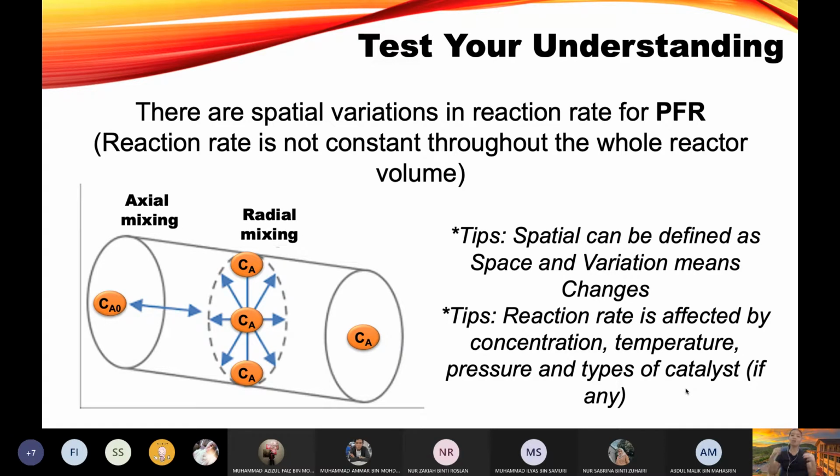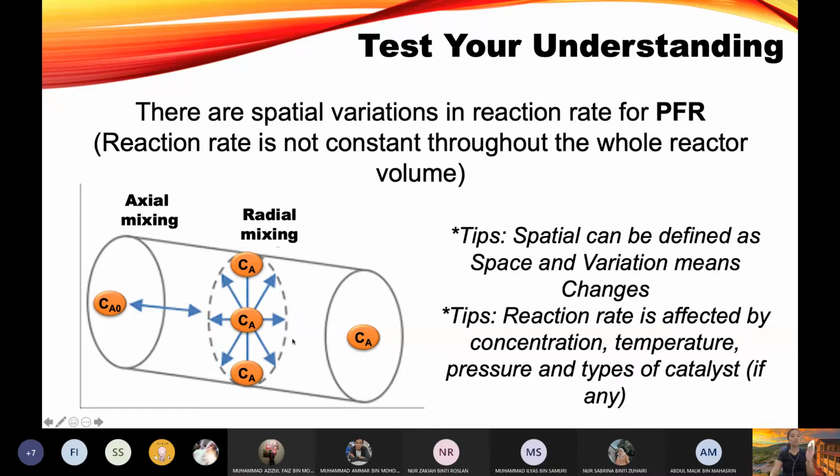So naturally, you know that PFR tak ada stirrer. Okay, one thing, PFR confirm tak ada stirrer. Second, you imagine the reactant will travel across the pipe, right? So when it travels across the pipe, the further it goes, of course, more of your reactant will be converted.